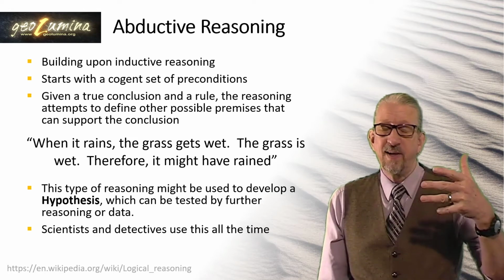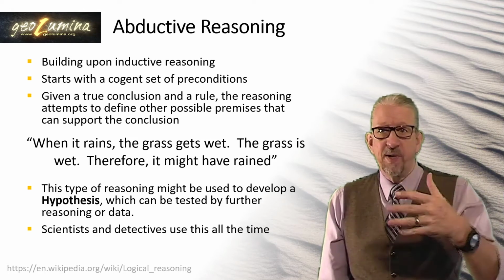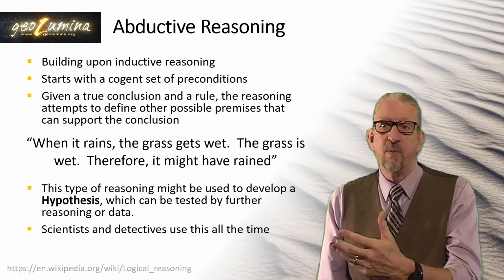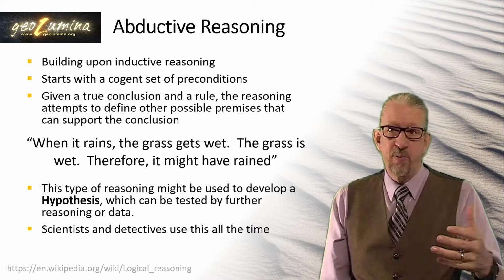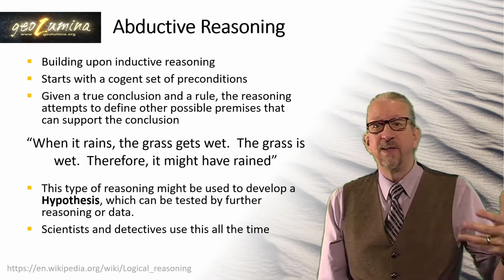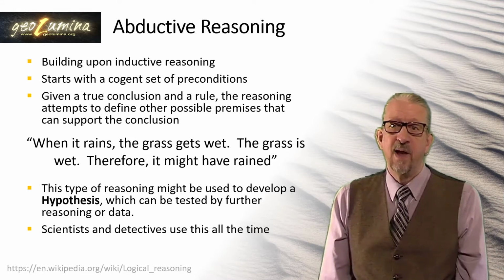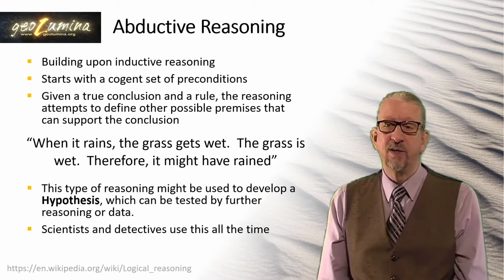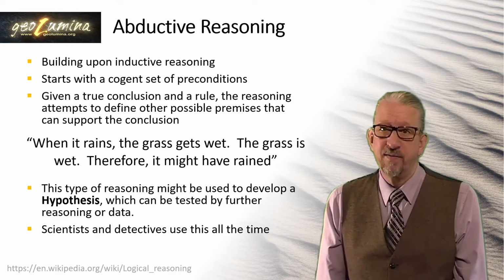So we started with a set of premises, we went through an inductive argument, and at the end of that we're saying, okay, what other premises could we generate in order to further support that argument? So that's turning it right round in a circle, and this is called abductive reasoning.